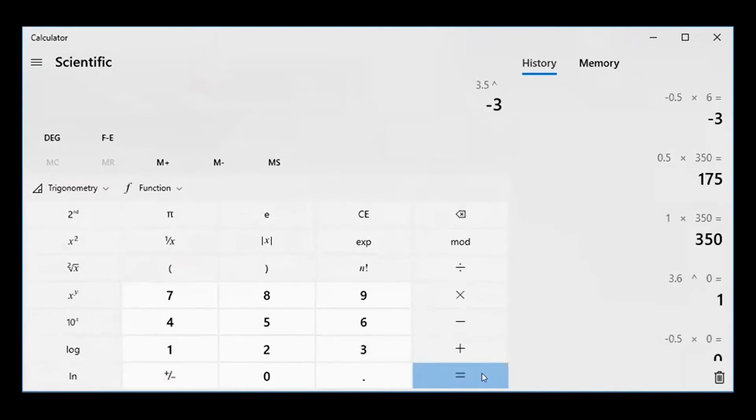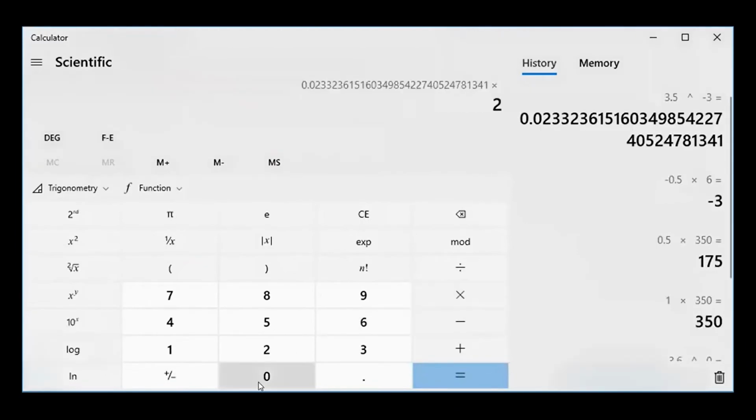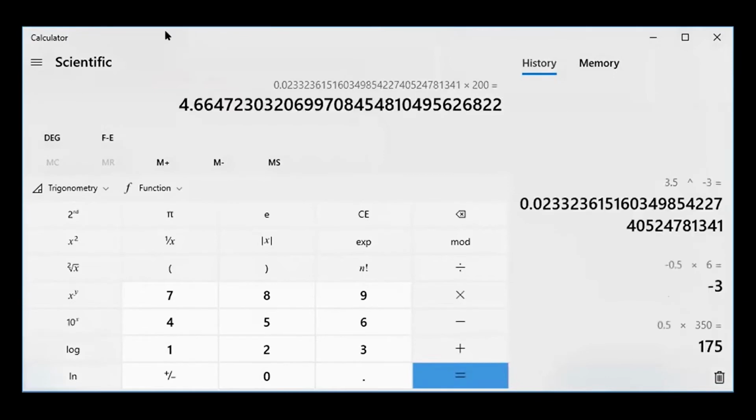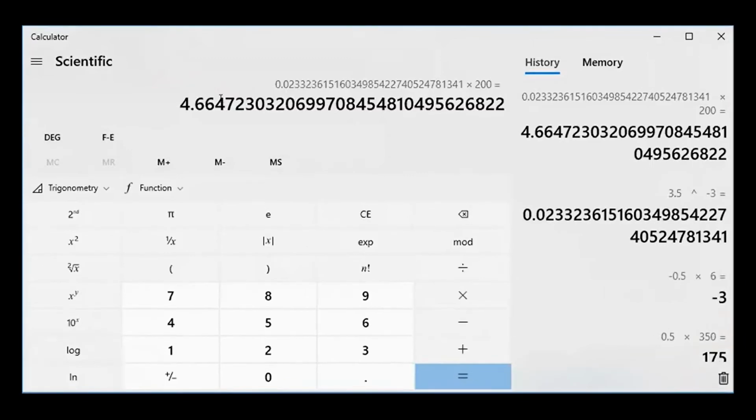Make sure that you've got that exponent negative, and multiplying that by 200. We're supposed to round to the nearest hundredth, i.e. 2 places. So that 4 in the third place, we're going to round down to 4.66.